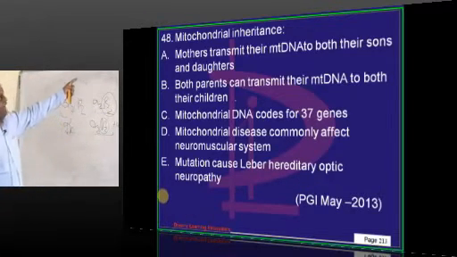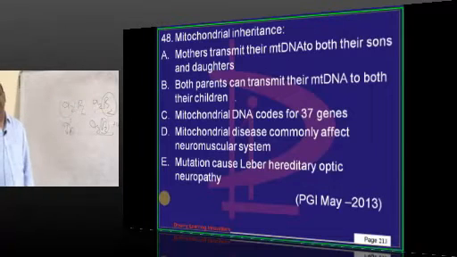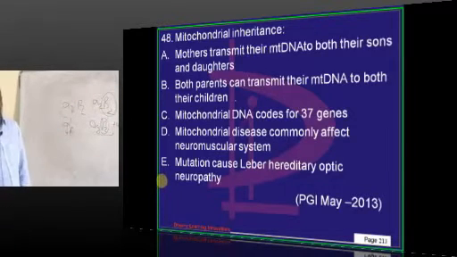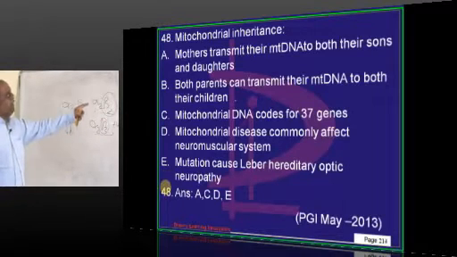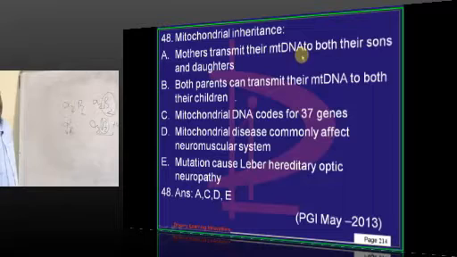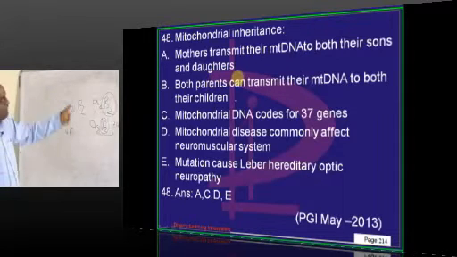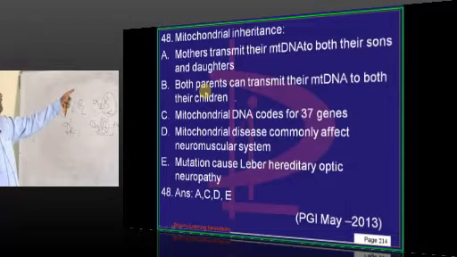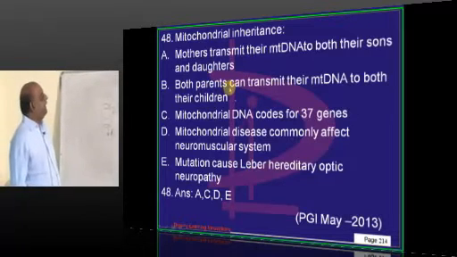So that is the reason only Amma can give mitochondrial inherited disorders, but not Papa, is what you need to remember. So mothers transmit their mitochondria to their sons and also daughters, but not both the parents.